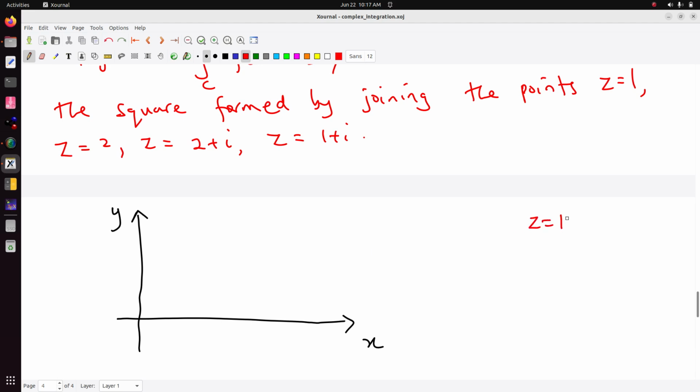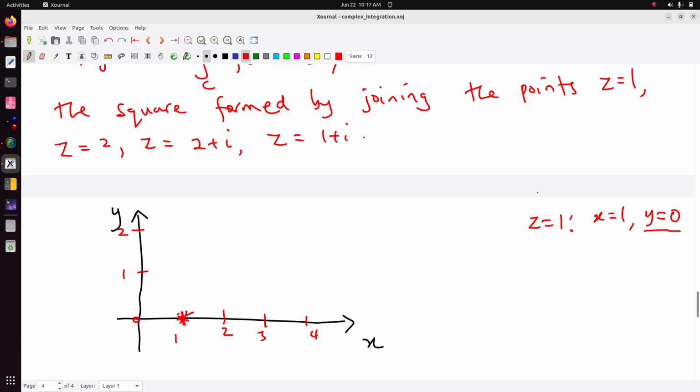If z equals 1, it means x is 1 and y is 0. So the real part is 1 and the imaginary part is 0. So where do we have that here? Let's say this is 1, this is 2, this is 3, this is 4, and here as well, this is 1, this is 2. So the first point is that x is 1, y is 0. This is the point.